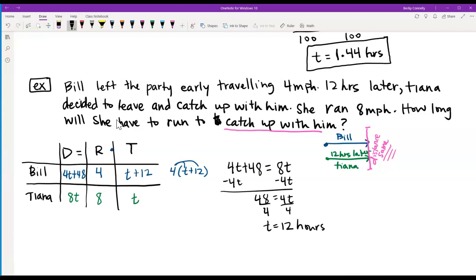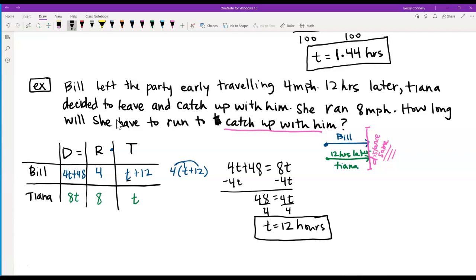She'll have to run 12 hours to catch up with him. But it's going to be 24 hours for Bill, because if we put 12 in place of t here, 12 plus 12 is 24. Some of these numbers just crack me up a little bit, but that's how you go about doing those.